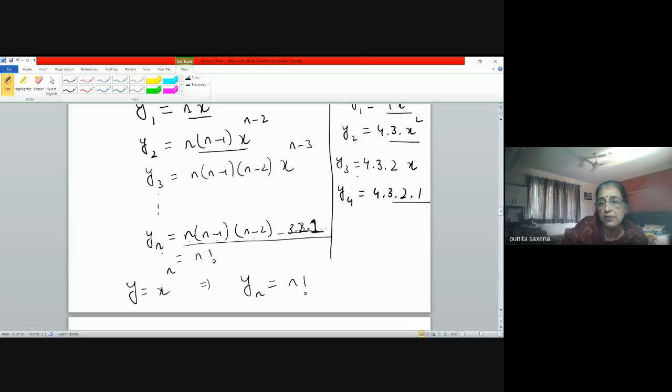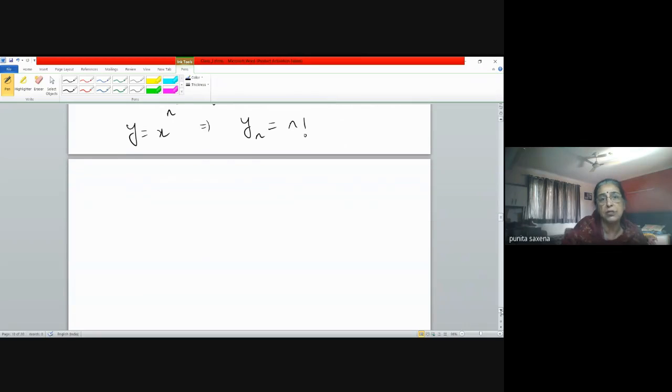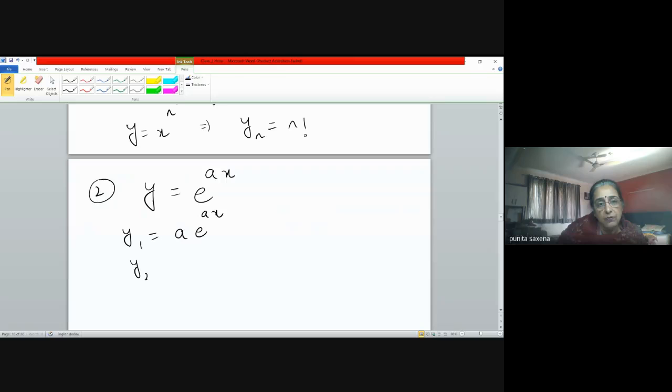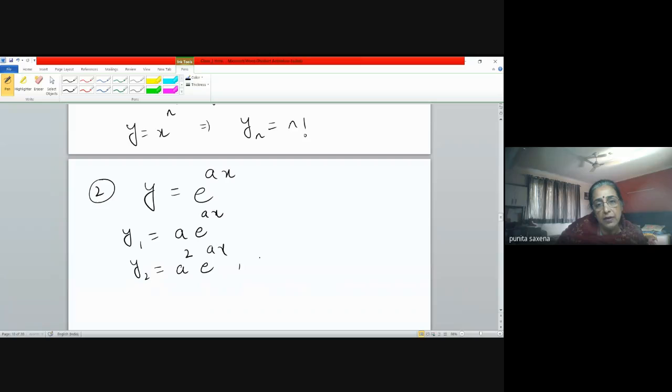Similarly, we can also come to exponentials. Let's take y equal to e to the power ax, not just x, that will be better. What is y1? a into e to the power ax. What is y2? a square e to the power ax. y3 is a cube e to the power ax.